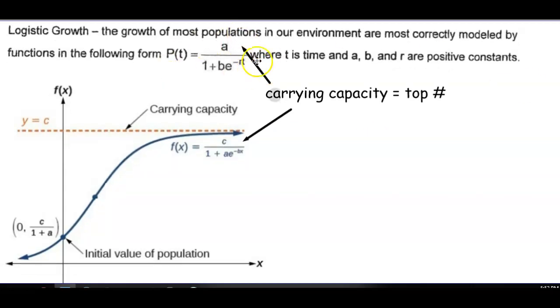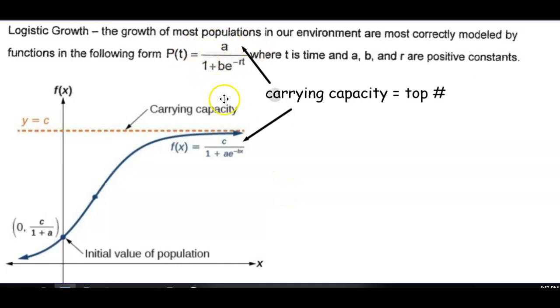This is the form that it will take. The top number up here, A, is going to give you what in this one down here is called C. Sorry, I just grabbed this picture off the internet. But the carrying capacity is generally that top number, unless this is not a 1 down here, and then they can do something funky.